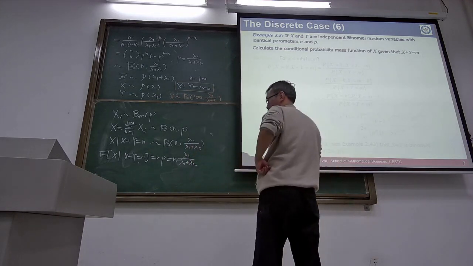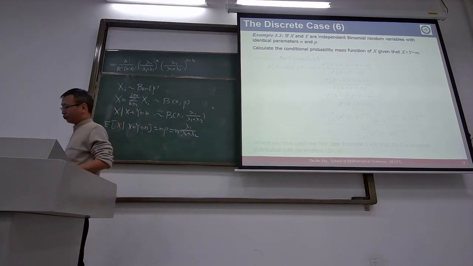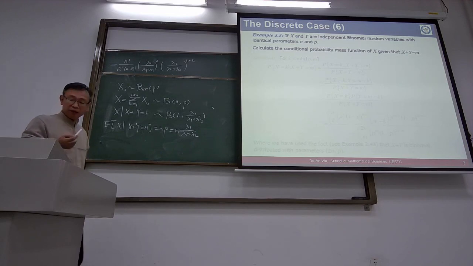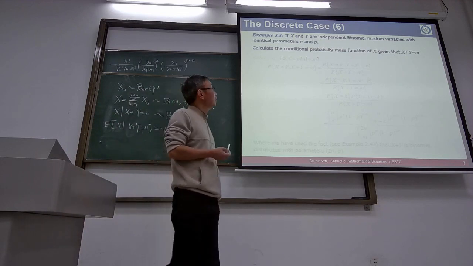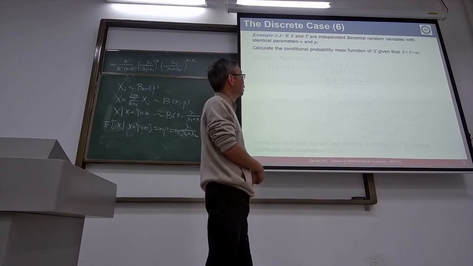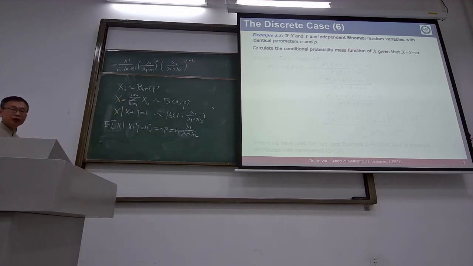Another example. If x and y are independent binomial with identical parameters n and p, calculate the conditional mass function. This case is like the previous one, and our case is binomial.